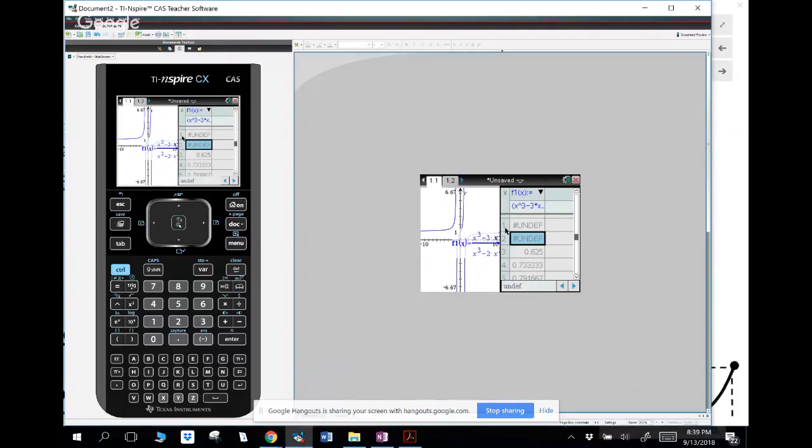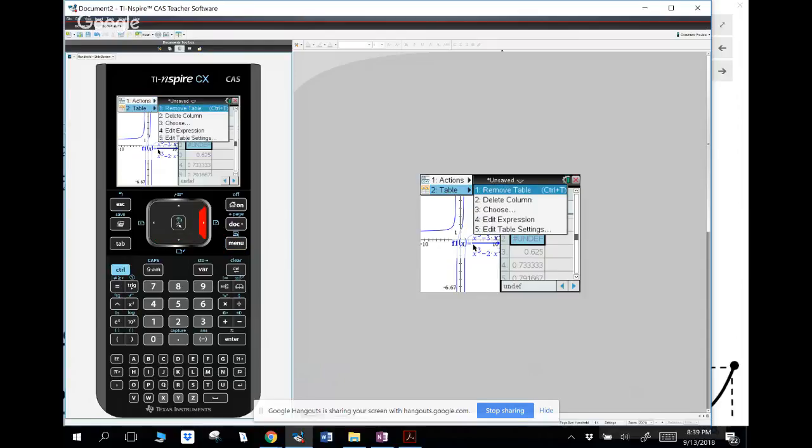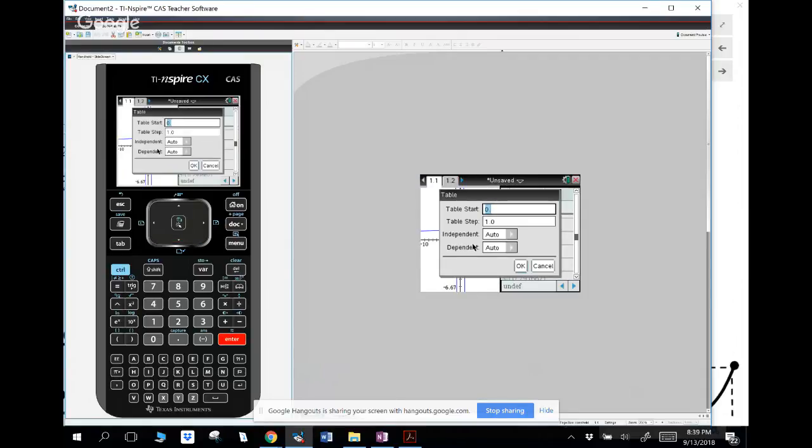So what I want to do is approach 2 from the left and the right, very, very close to 2. So I have to change my table settings. I'm going to go to menu, table, and then edit table settings. I'm going to start somewhere close to 2 because that's where I want to go. So let's start at like 1.7, and I'm going to go by 0.04.